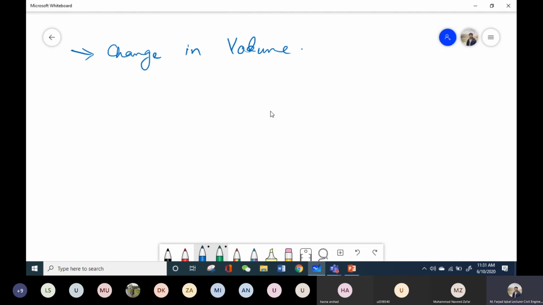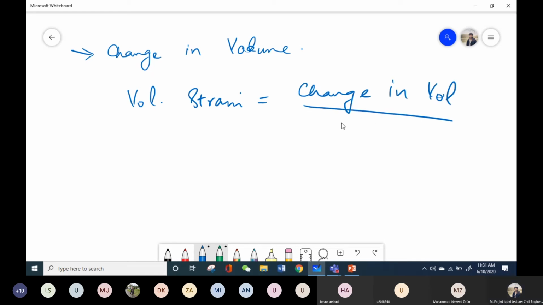Okay. So now we need to calculate the change in volume. We know that the volumetric strain is equal to change in volume over original volume, right?